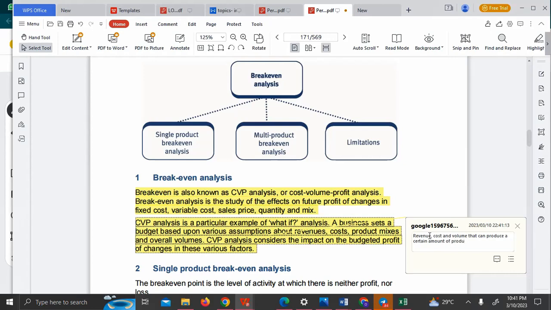So the question is, what if we produce this? Can we still make profit? What if we do this? Can we still make profit? You understand? It's a kind of triggering of cost.